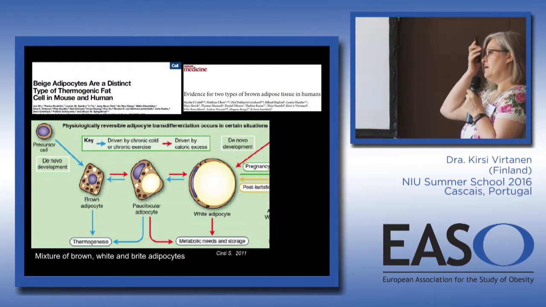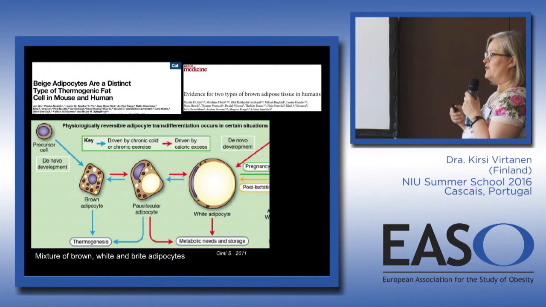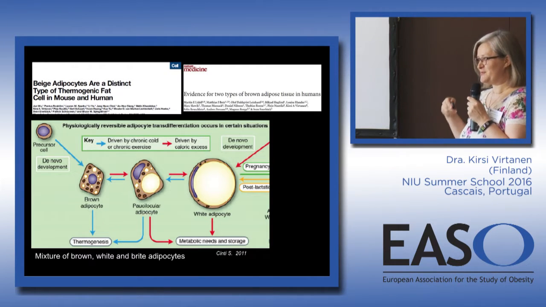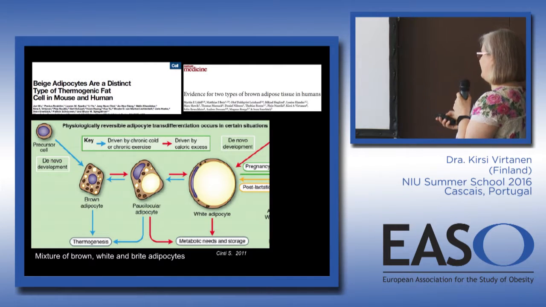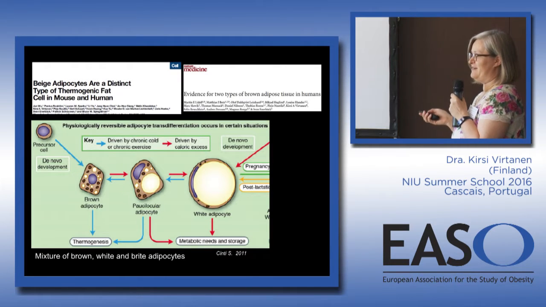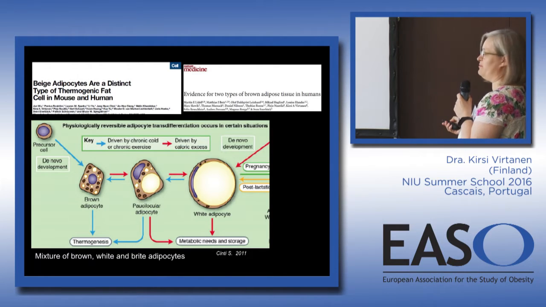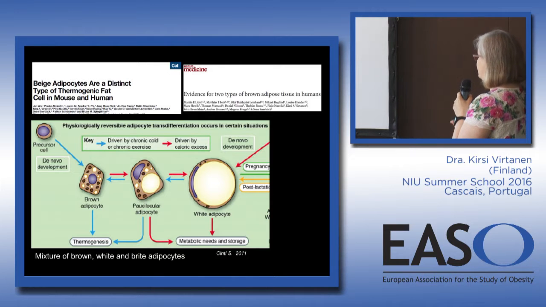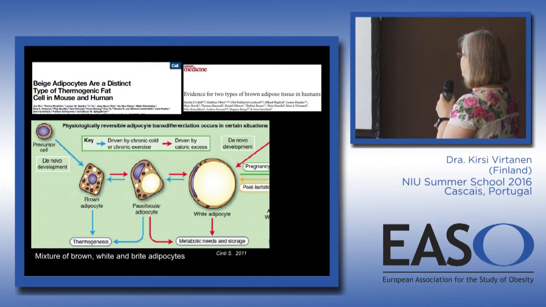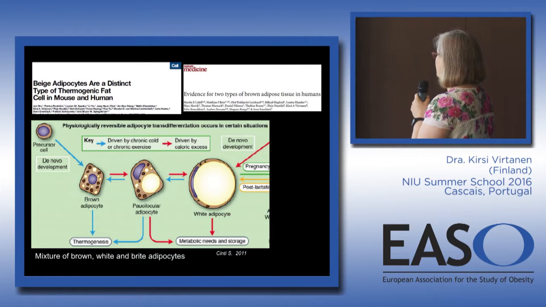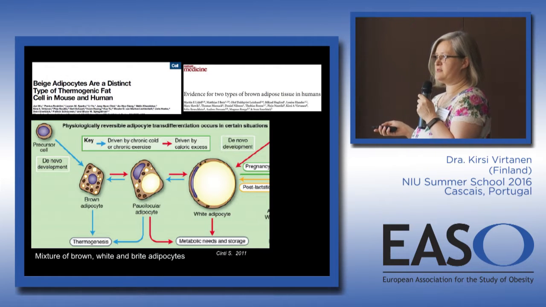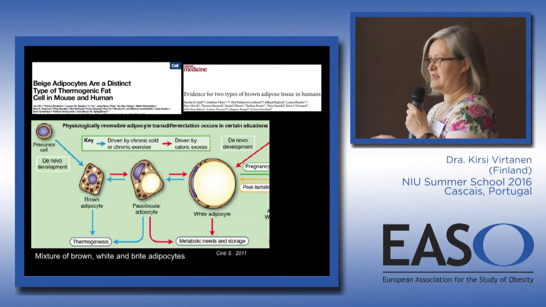So when doing research on the specific depot which we can find, you can't say very exactly what type of adipocytes you have there. But in rats, there is a study from the 1990s which suggests that the inner parts of the brown depot are the classical cell type.